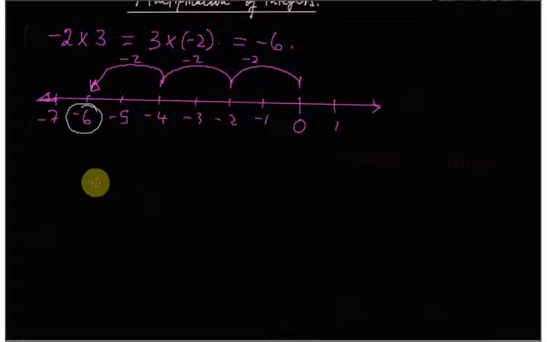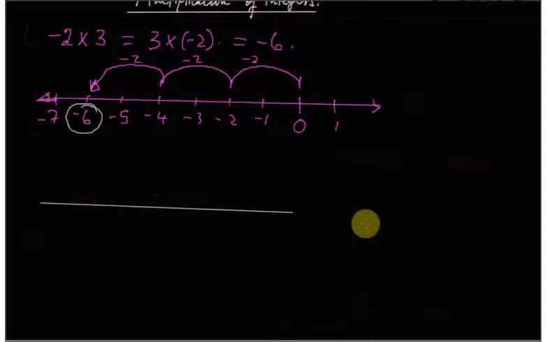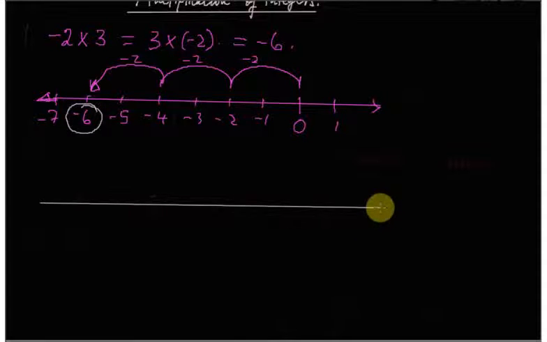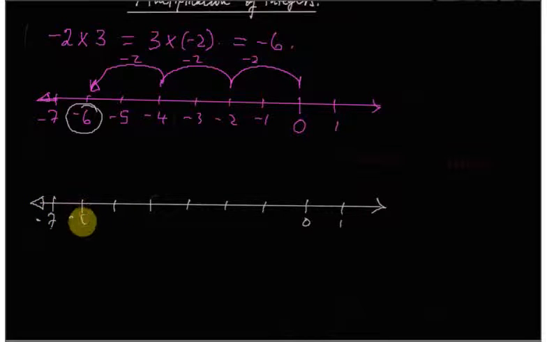In the second scenario, it is the same as having groups of 3 two times in the opposite direction. So it is the same as having groups of 3: 1, 2, 3, 4, 5, 6, 7, and negative 6, negative 5, negative 4, negative 3, negative 2, negative 1.